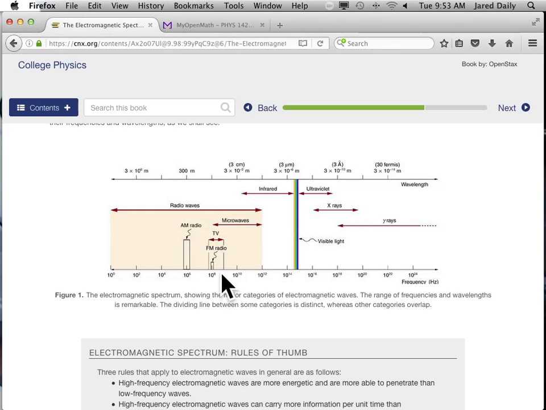So let's see. FM radio is into the hundreds of megahertz, and AM radio is down into the hundreds of kilohertz or thousands of kilohertz, which is also the megahertz range. And the number on your radio station is actually the frequency. So 97.4, for example, is 97.4 megahertz.